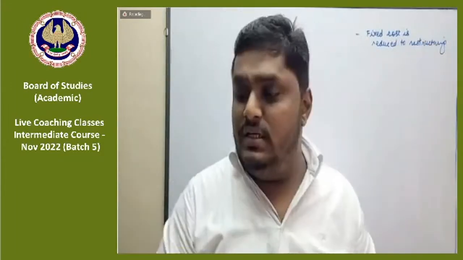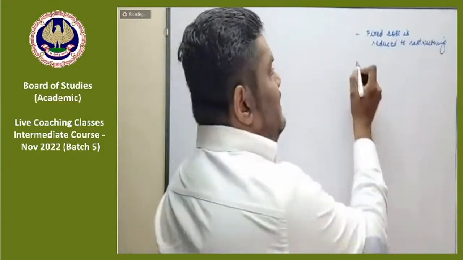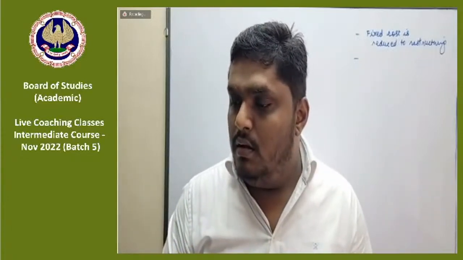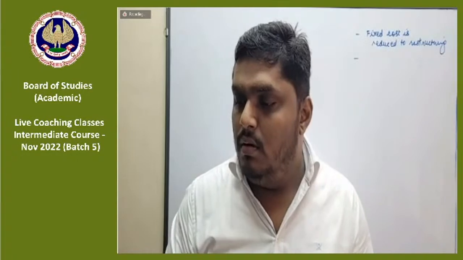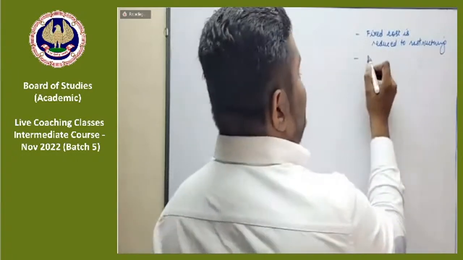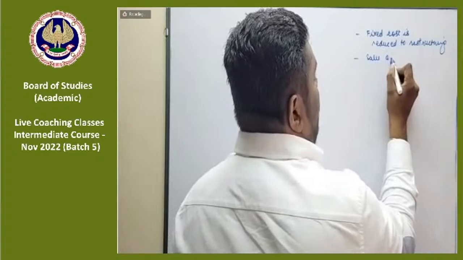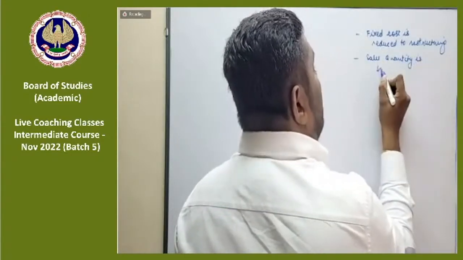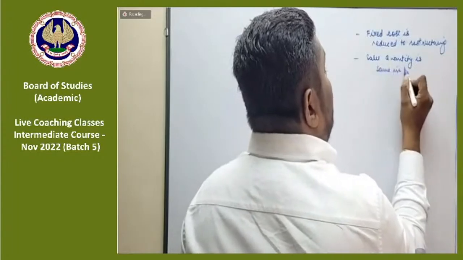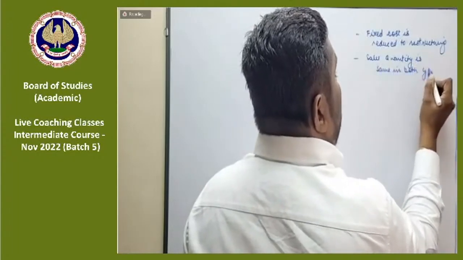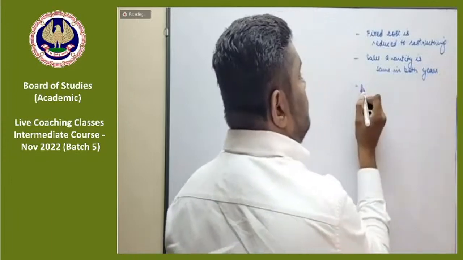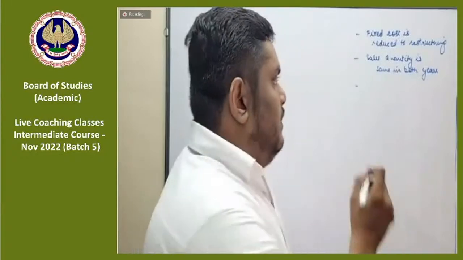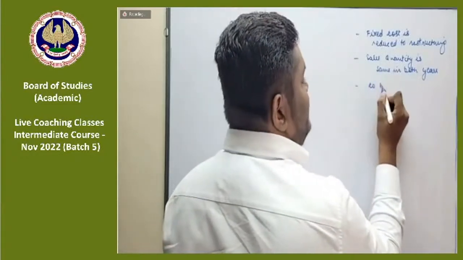So fixed cost is reduced due to restructuring. Second point, the sales quantity is the same in both the years. And third point, the company has reduced the selling price.